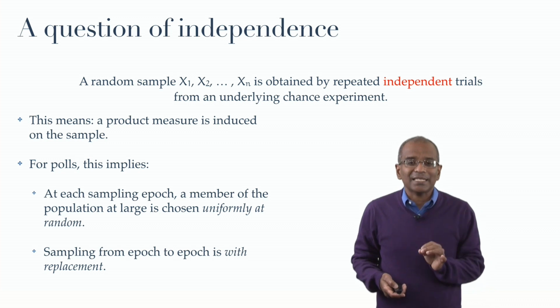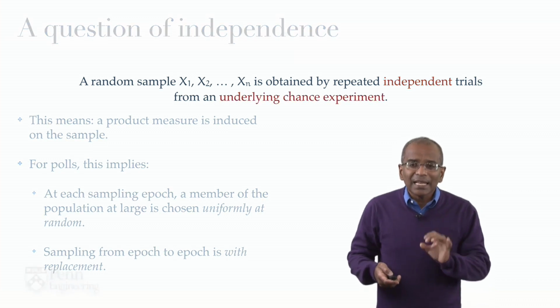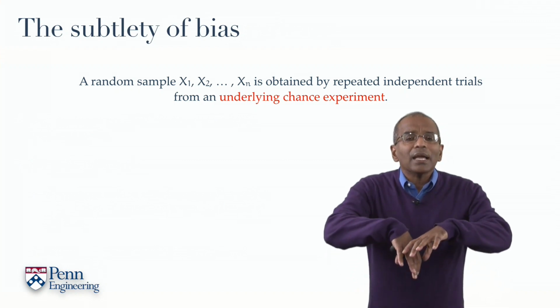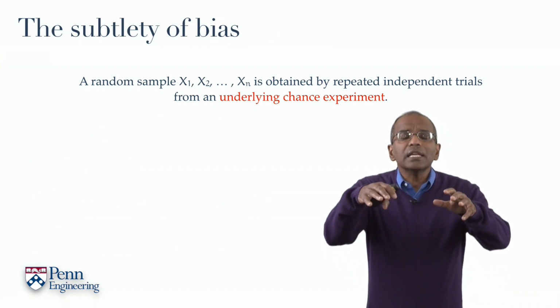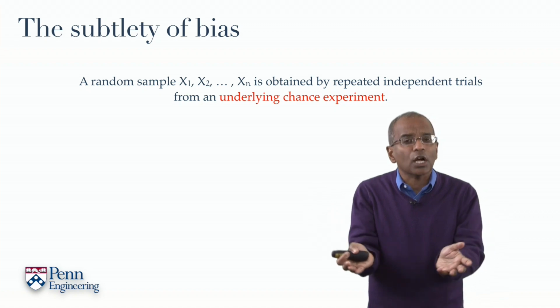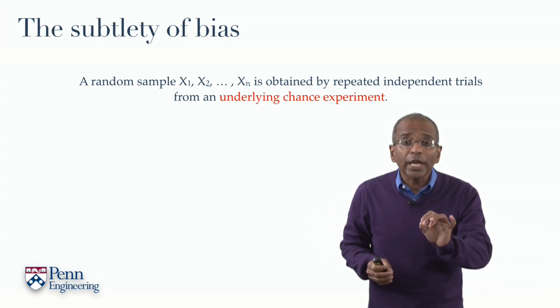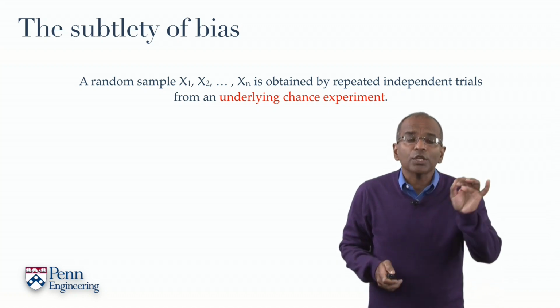But there is a second tenet, and that is that the sampling is done by sampling consistently from some underlying chance experiment, a target experiment which does not change from sample point to sample point.